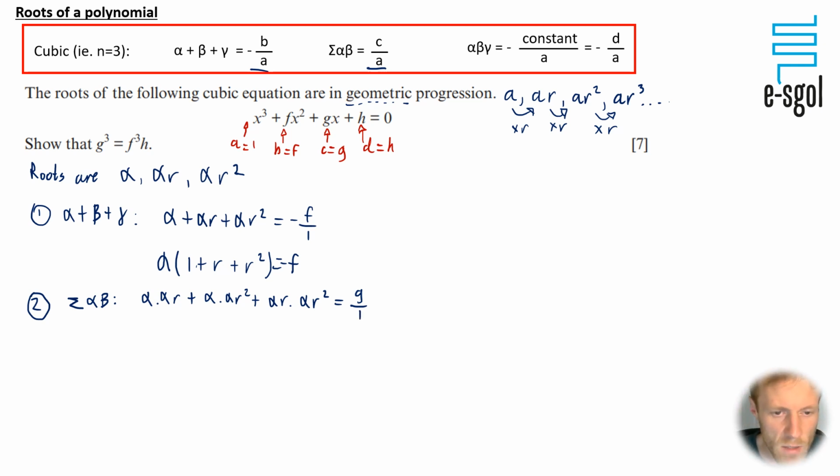Let's see if we can factorise anything out of this. It looks like each thing here is going to have an alpha times an alpha, so I think I can factorise out an alpha squared. Each thing is also going to have an r, so I'm going to factorise out an r. That leaves me with, from this bit here, a 1. From this next bit here, we're going to get another r. And then from the next bit here, I'm going to be left with an r squared. And that equals g.